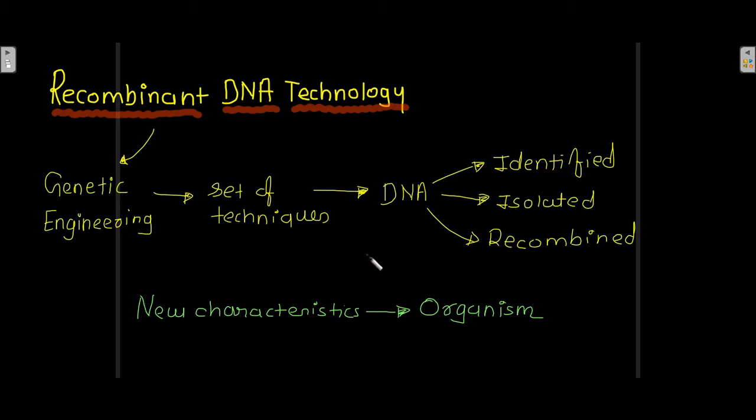In genetic engineering, the DNA from different sources is identified, isolated and recombined, and this leads to introduction of new characteristics in an organism. That is what genetic engineering or recombinant DNA technology is all about.